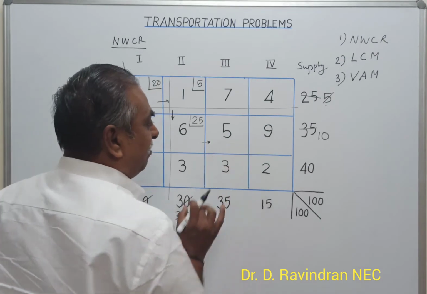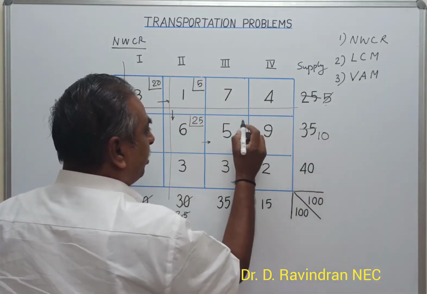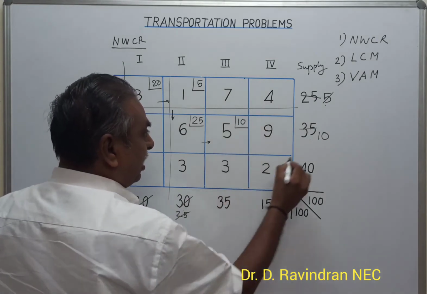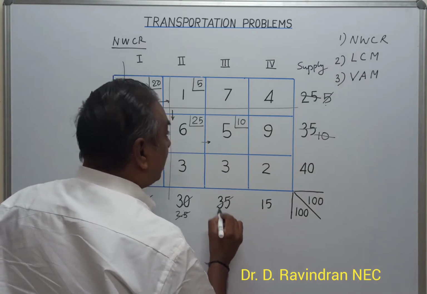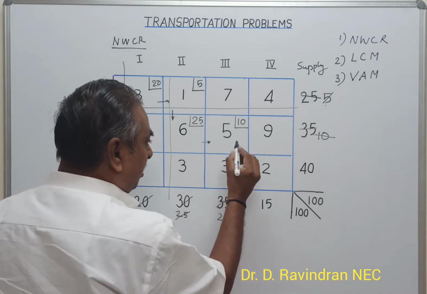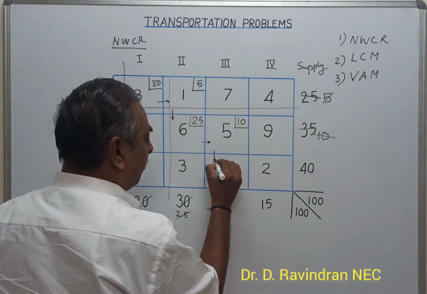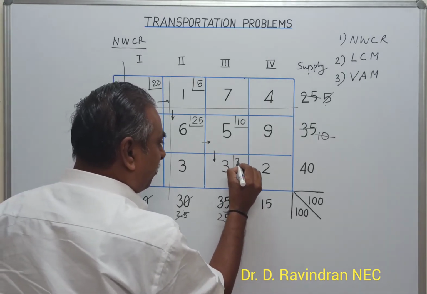Here in this cell we are analyzing, the demand is 35, supply is 10. So we can allocate only the maximum supply of 10 units. Then this will be over, and the balance of 25 units is what this distribution center needs. Further we can go down. Here in this cell we can allocate a maximum of 25.